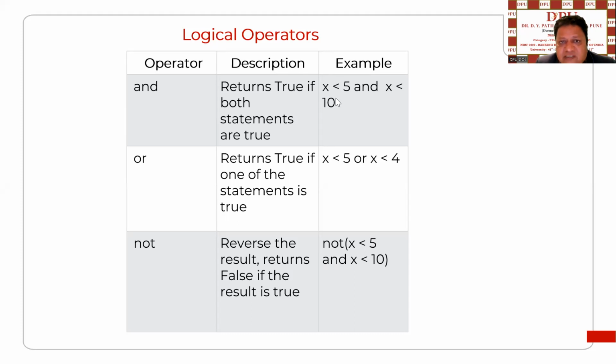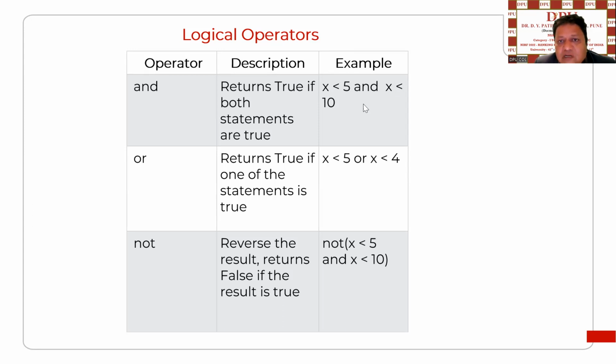Now I am giving the statement x less than 5 and x less than 10. So what will I get? I will get true, isn't it? Because both the conditions are true. That is, x, that is 4, is less than 5, and x, that is 4, is less than 10. So both the conditions are true, then it will give you a true value.